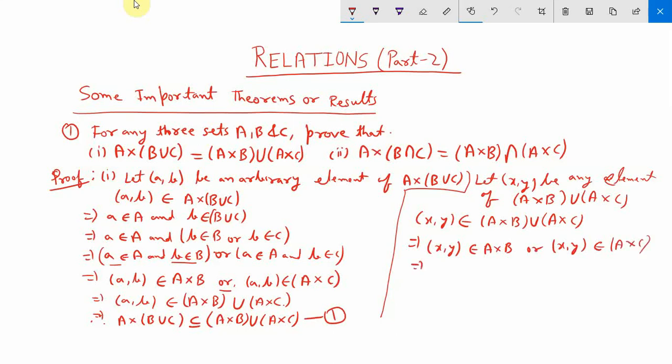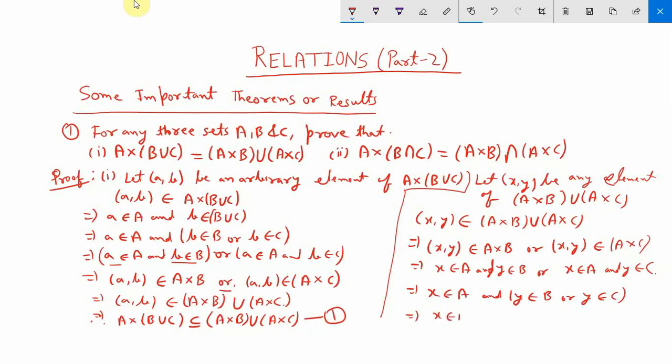This may be written as x is an element of A and y is an element of B, or x is an element of A and y is an element of C. Okay, so from this we can write x is an element of A and y is an element of B or y is an element of C. So this can be written as x is an element of A and y is an element of B union C, as it is or.